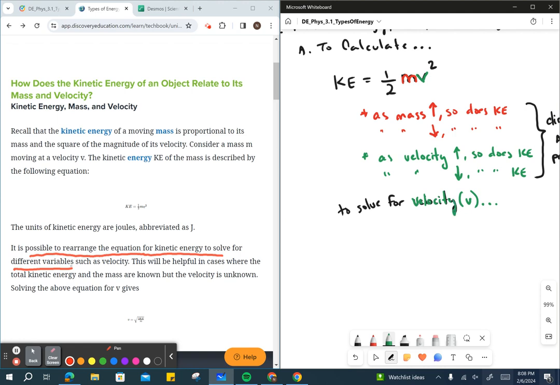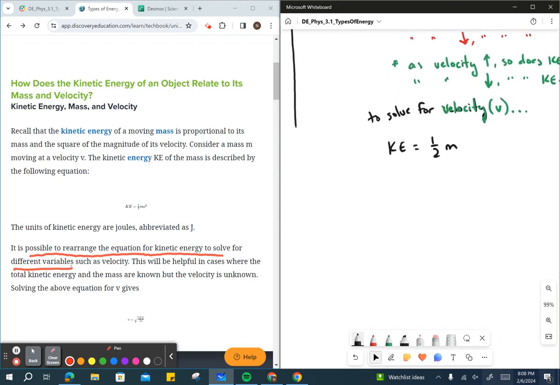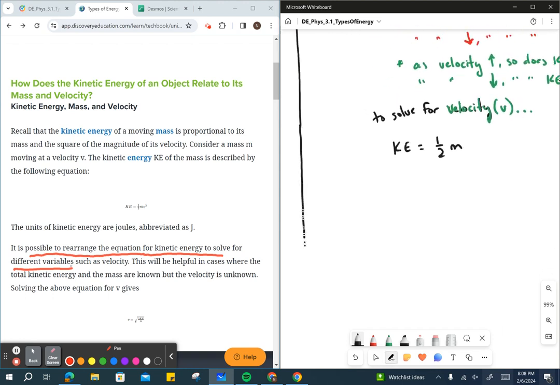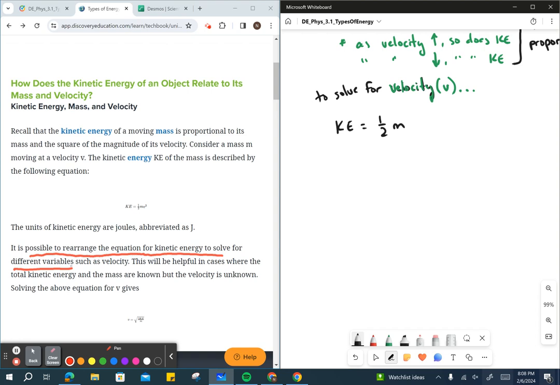We would take our kinetic energy, which is equal to 1/2 times mass times velocity squared. And I need to get the v all by itself.